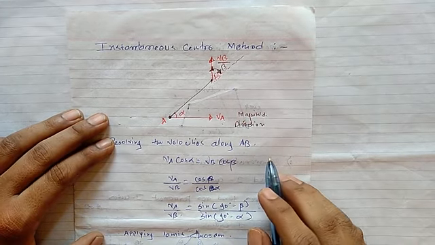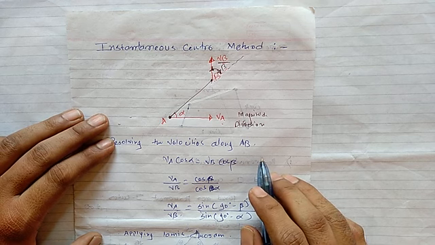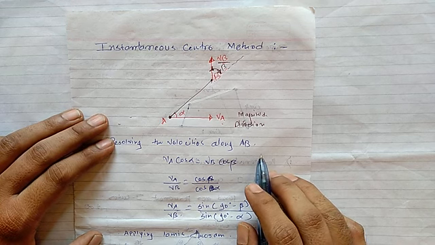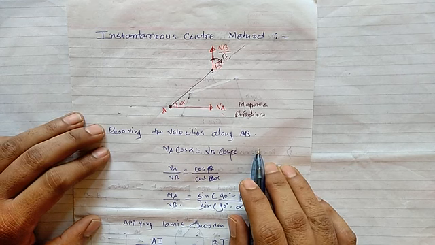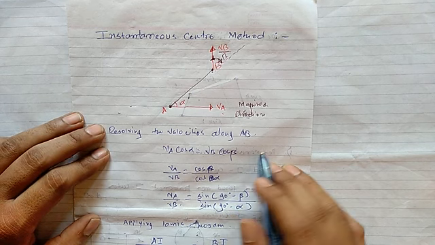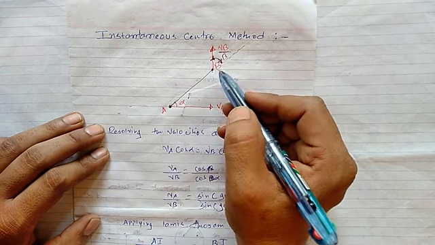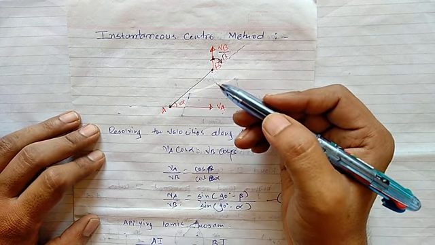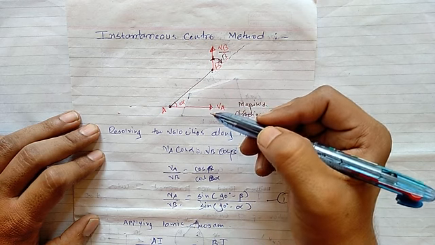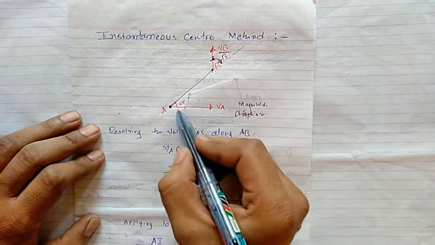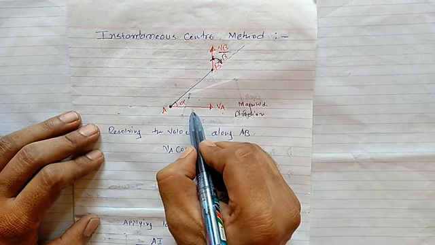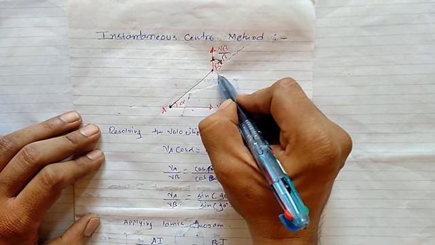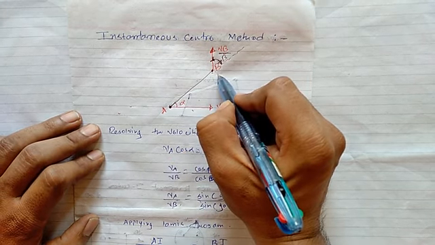Now I want to determine the instantaneous center. So we are discussing the instantaneous center method. In this method, this is the alpha angle and this is the beta angle. Here angles alpha and beta represent the direction of point A and the direction of point B, right?